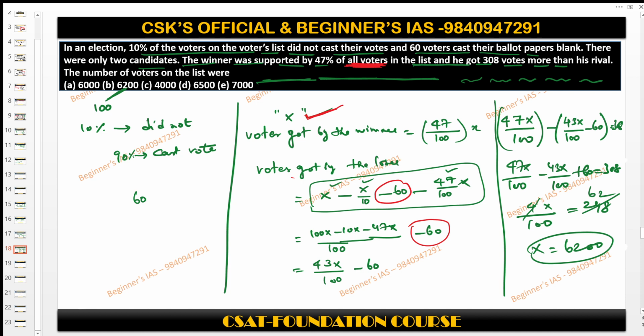So here we are segregating the votes got by the loser. Since the poll has happened, we are checking. The total number of poll minus 10% do not vote. Then the 60 empty also we should not calculate. Then we have to subtract the number of votes got by the winner. You got this logic?